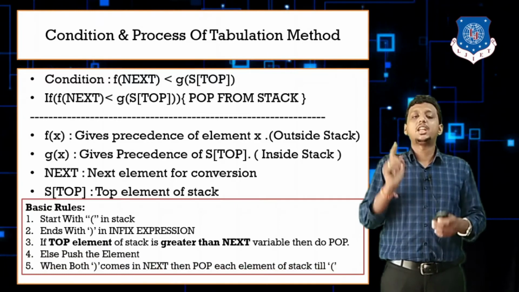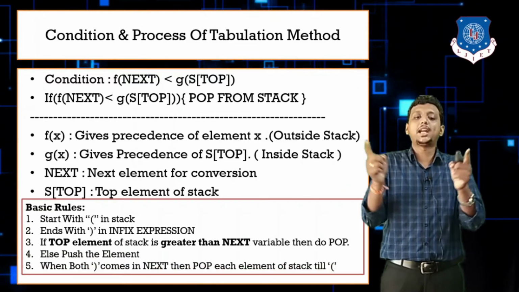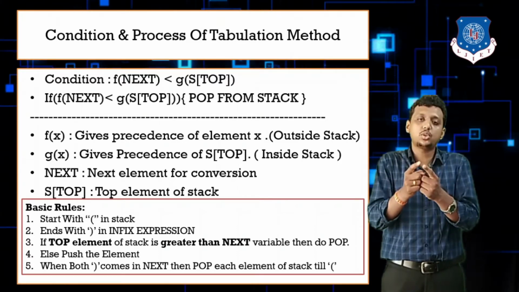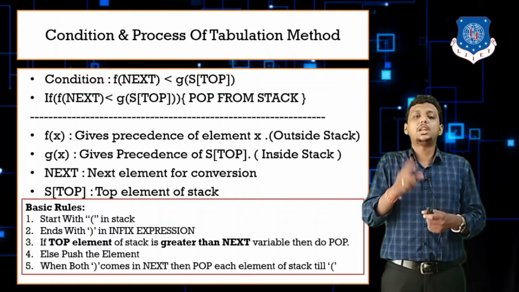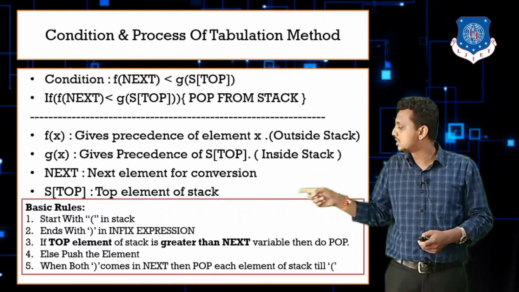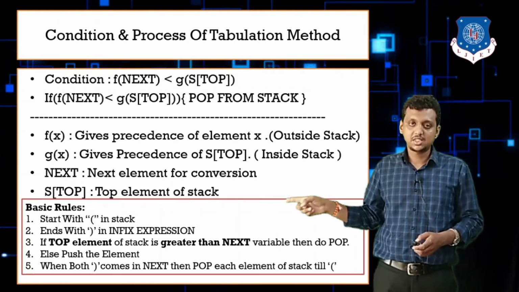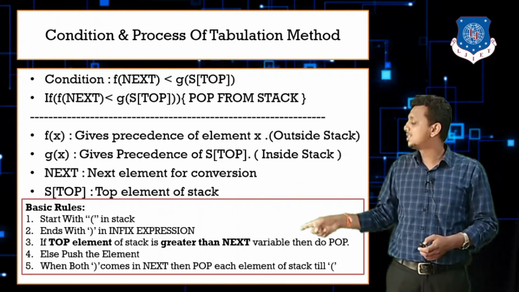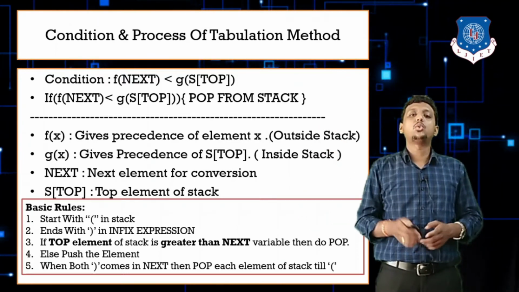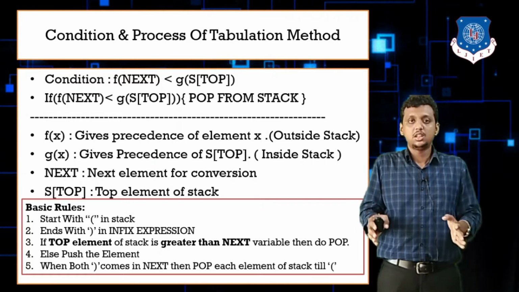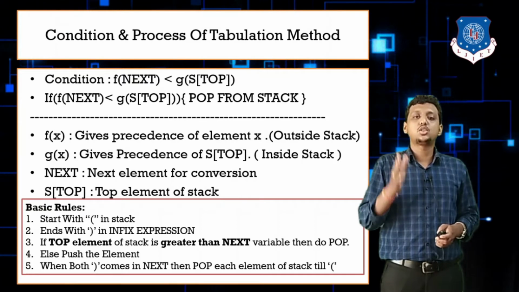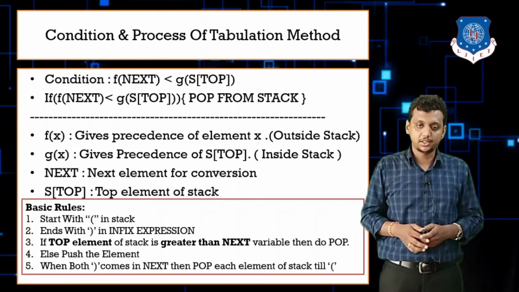Another rule: if your opening bracket and closing bracket come together, then you need to pop out. Also, whenever you find the closing bracket in your character scan column, you need to pop out each and every element from your stack until you get an opening bracket.